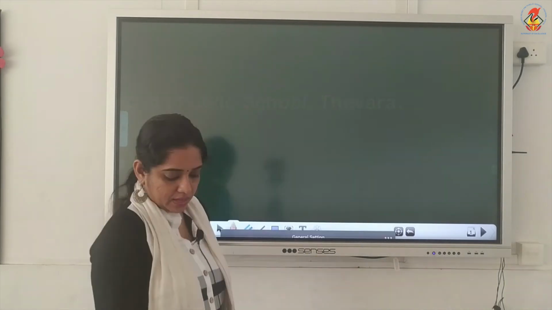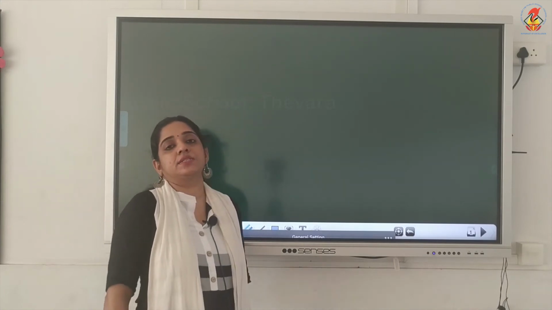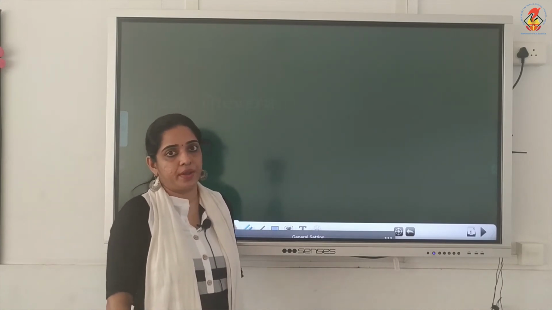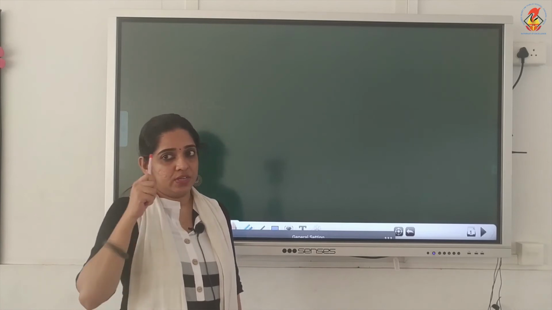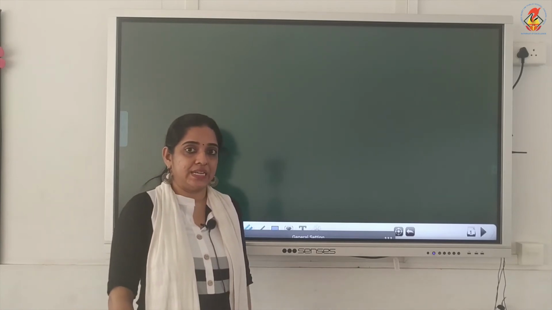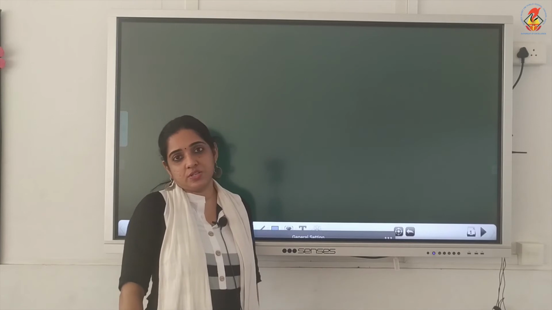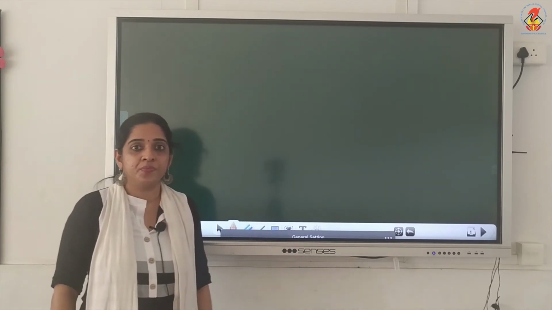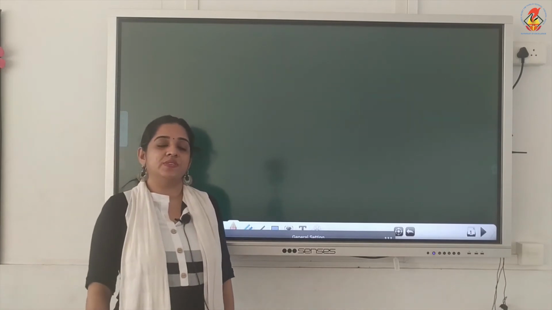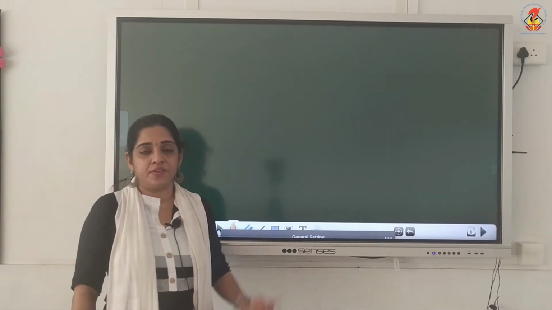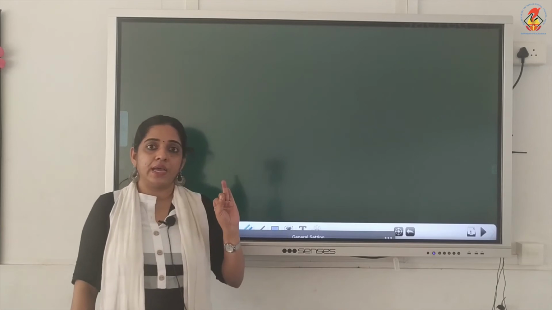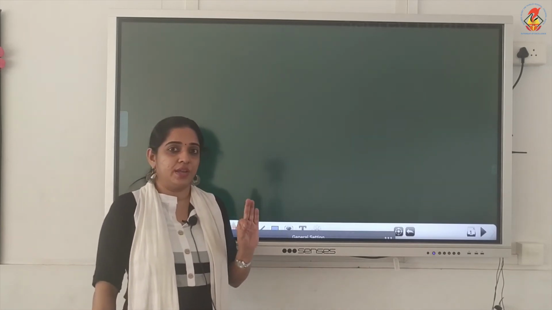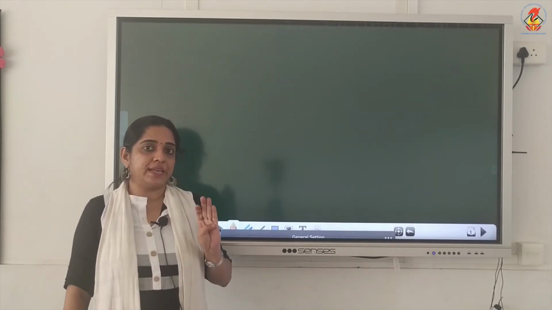Next one, see imperative sentences. What do you mean by an imperative sentence? Just rewind the topic that we studied last week. There are 4 types of sentences. Which are they? The first is assertive, declarative. Second, imperative. Third, interrogative. Fourth, exclamatory.